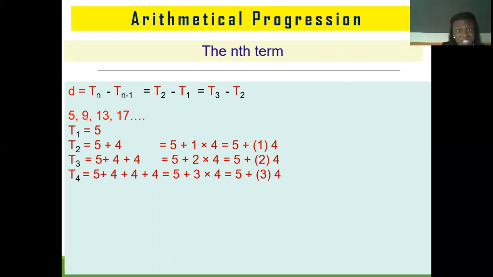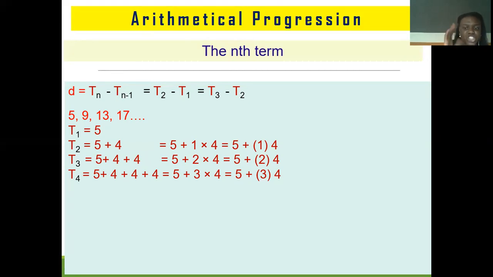Now, 4 is the common difference, D in this case. But you're also noticing that the numbers in brackets are increasing in steps of 1. 1, 2, 3, right? And each of them is related to the term in question. So for T2, you can see we have 1 in brackets. For T3, you can see we have 2 in brackets. For T4, we have 3 in brackets.